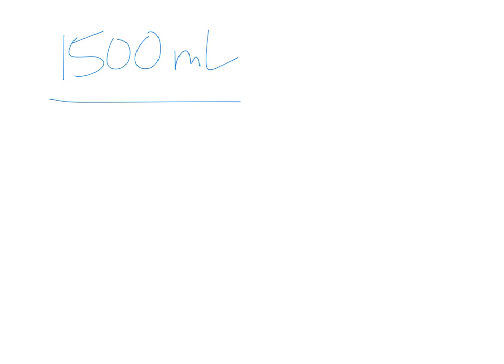However, the time that they gave me was 12 hours. According to my formula on my chart, time needs to be in minutes. So if we're given hours, I simply multiply it by 60. And 12 times 60 gives me 720 minutes.